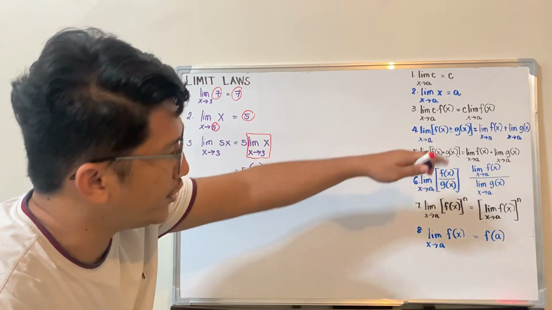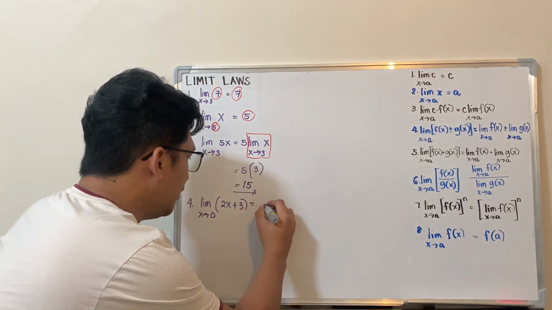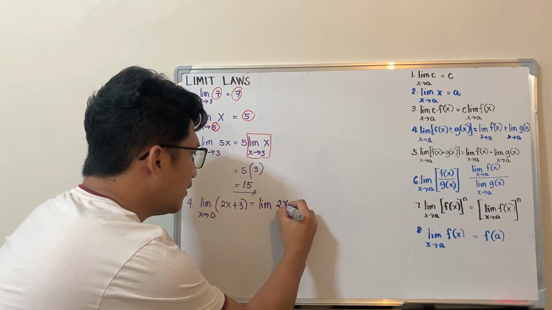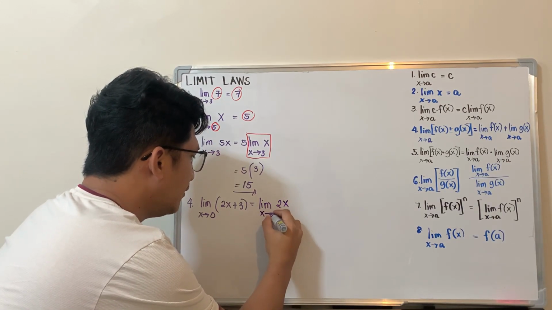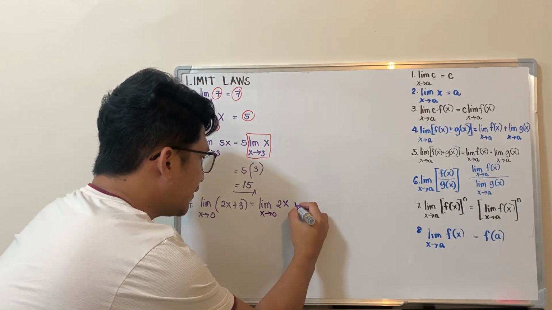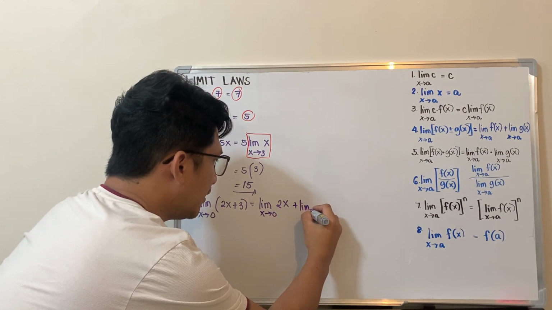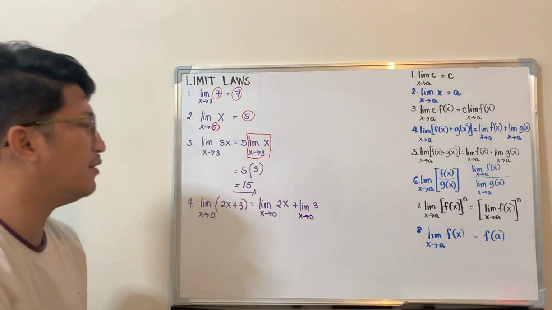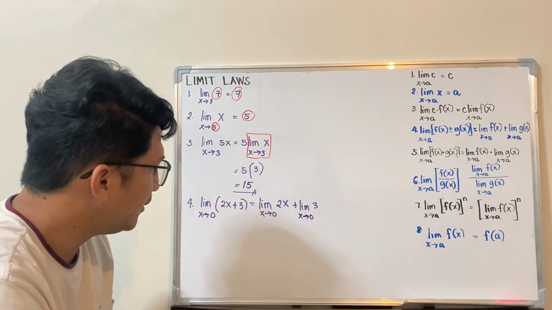So you can have the limit of 2x as x approaches 0 plus the limit of 3 as x approaches 0. So you can separate and solve them.